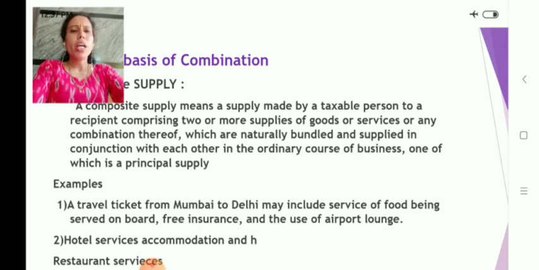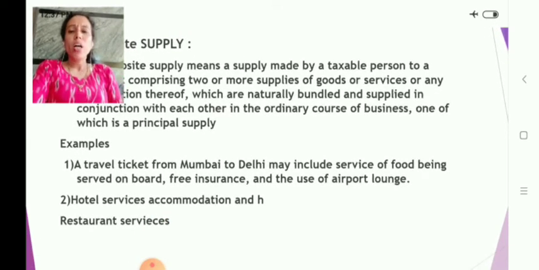Okay, you can look at the slide over here. I have given one more example. A travel ticket from Mumbai to Delhi may include service of food being served on board, free insurance and use of air lounge, right? You book an air ticket to Mumbai. For example, you pay some 10,000 rupees. This 10,000 rupees you pay for air travel includes the food they serve during the travel.